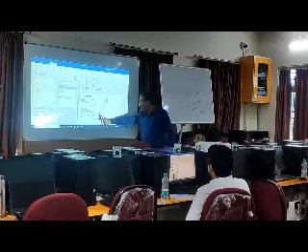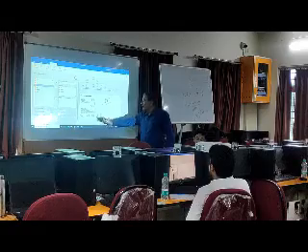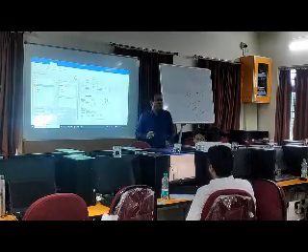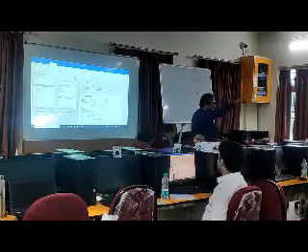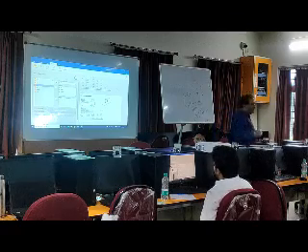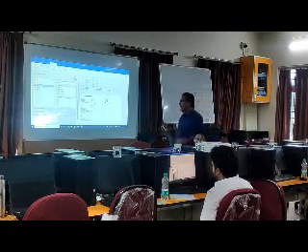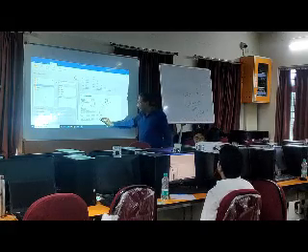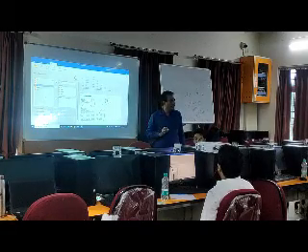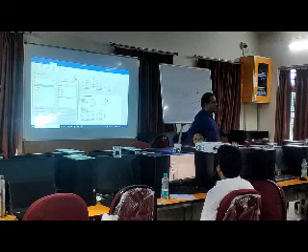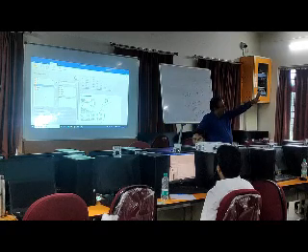So now you go to the model coefficients. Just check the model coefficients. In the model coefficients, you get the last column, that is the p-value. Last value, p-value.